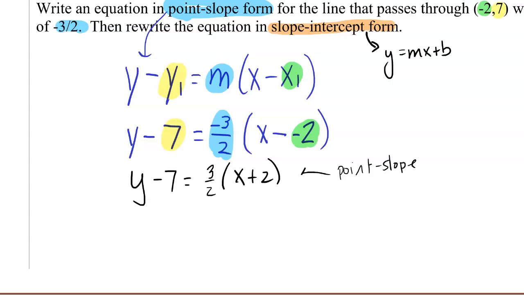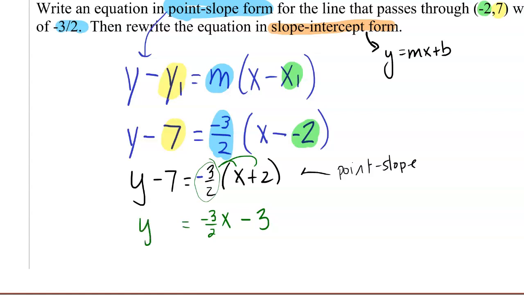So how do we do this? Well, first of all, this should be negative 3 halves. If we want to change it to slope-intercept form, all we're going to do is multiply this out. We're just going to distribute this negative 3 halves to get negative 3 halves x. And then this would be minus 3 halves times 2, which is 3. So minus 3.